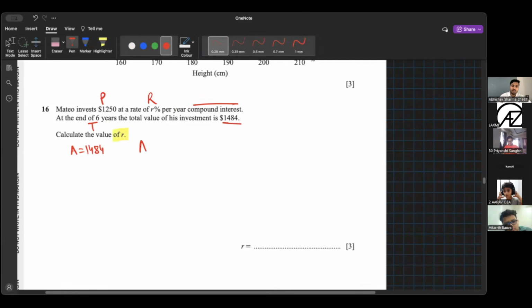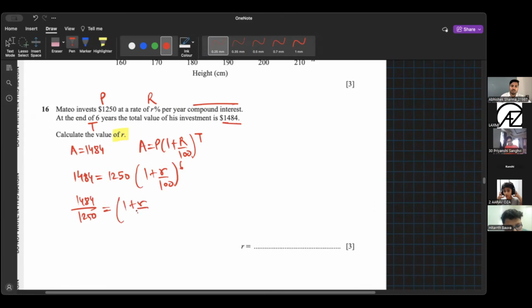So we know that amount is equal to P into (1 plus R upon 100) raised to T. So we can write 1484 equals principal 1250 into (1 plus R upon 100) raised to the time period, that is 6. So now we can do 1484 divided by 1250 equals (1 plus R upon 100) raised to 6. After simplification, simplify the LHS. 1484 divided by 1250, I'm getting a fraction.